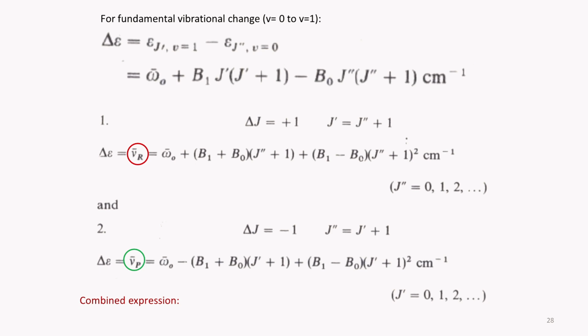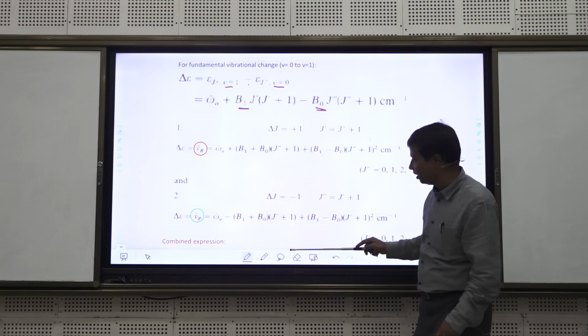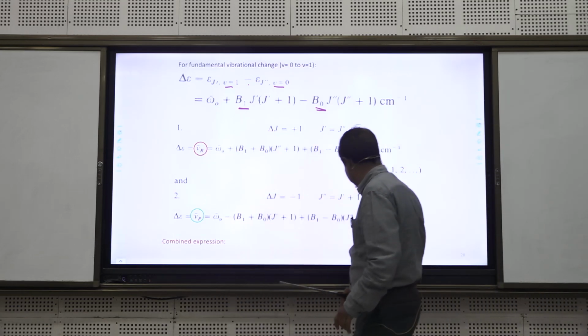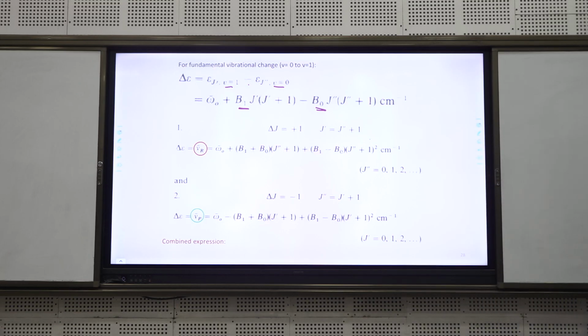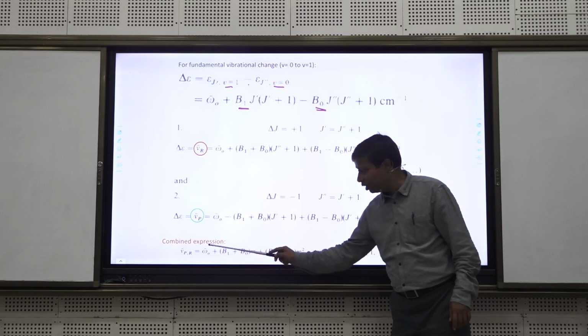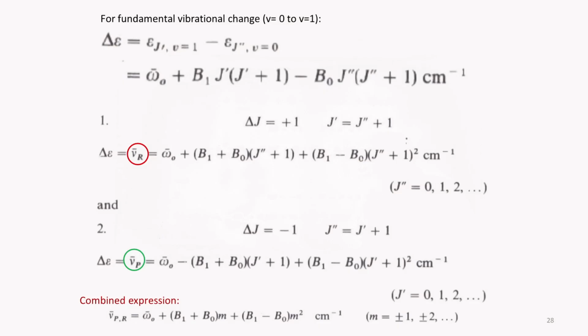If you do the same way, the final expression will be: last time you had omega 0 plus 2Bm, this time you have omega 0 plus (B1 plus B0)m plus (B1 minus B0)m squared. Now whether this relation is correct or not, you can check it.